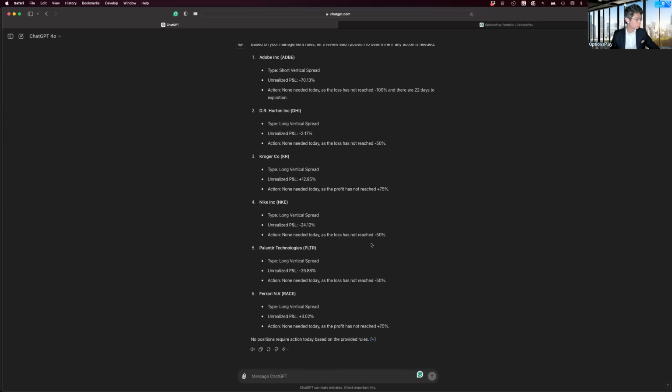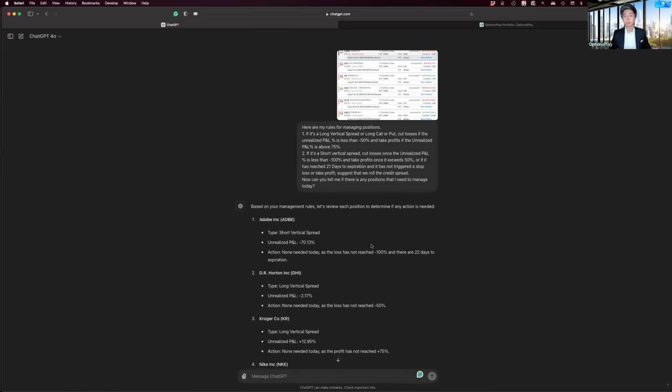But the goal here is so that you can be a rules-based trader and stick to your overall rules, because this is really where I see a lot of traders, especially on the trade management side, be very flexible about their rules.